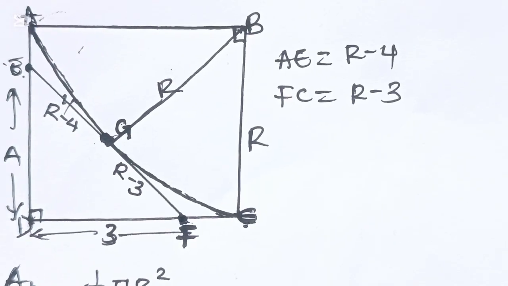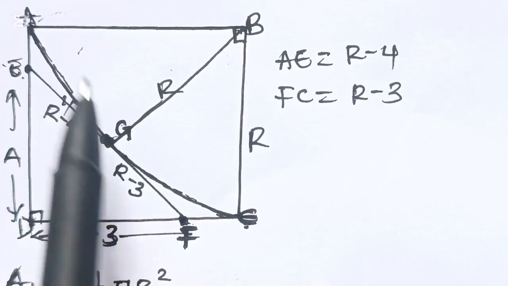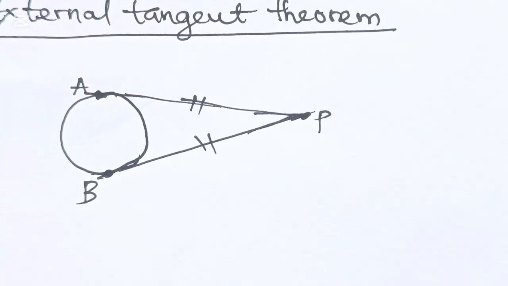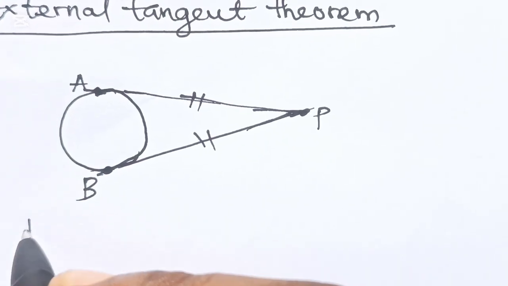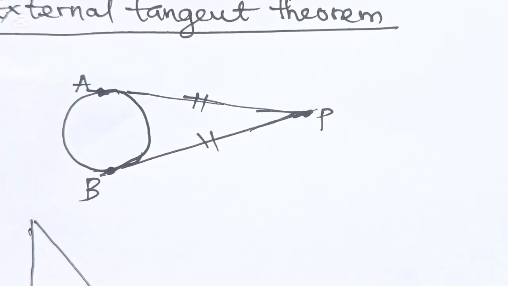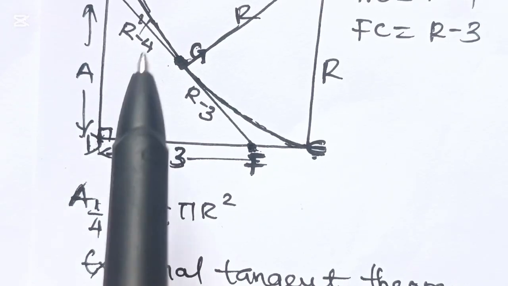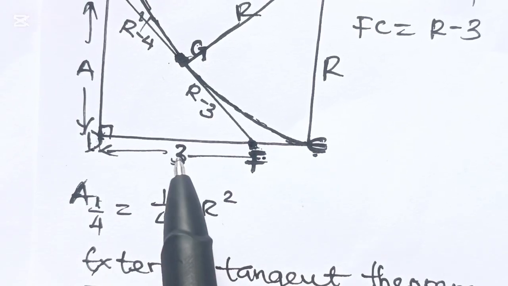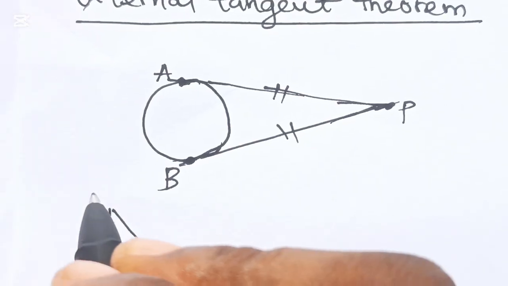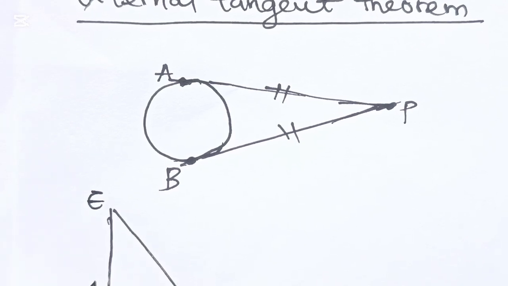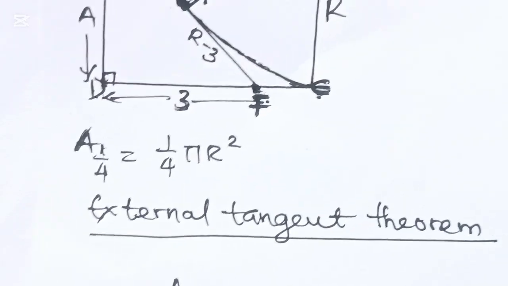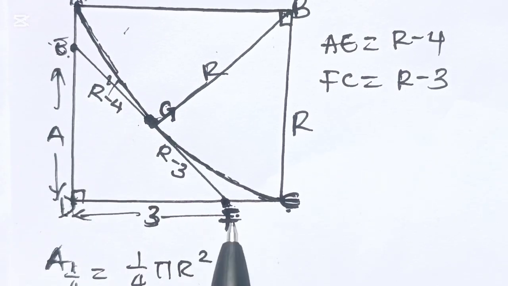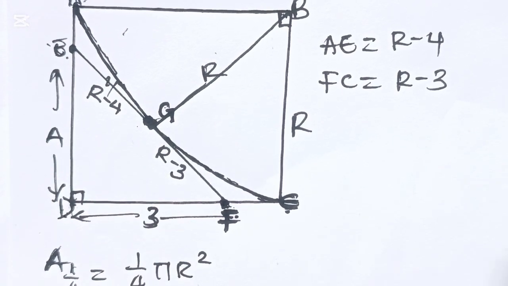Now I want us to look at this. Let us draw this particular right angle out. If we draw it out, we have ED is 4 and DF is 3.